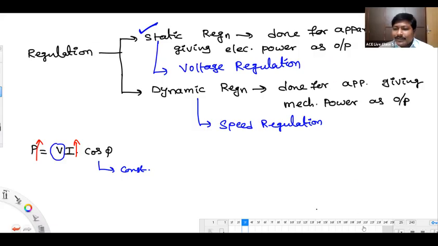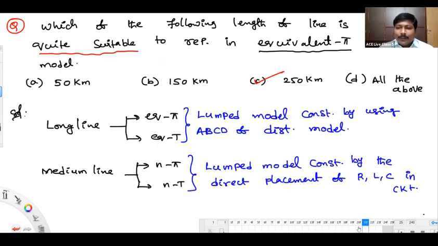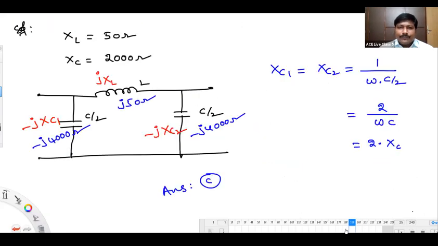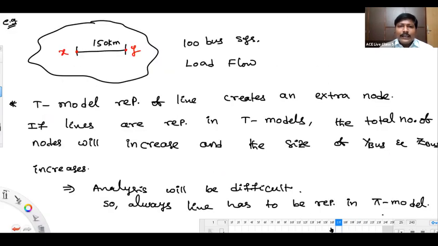See, generally the size of the Y bus and Z bus will be number of buses by number of buses. If you have a 100 bus system, the expected Y bus size will be 100 by 100.